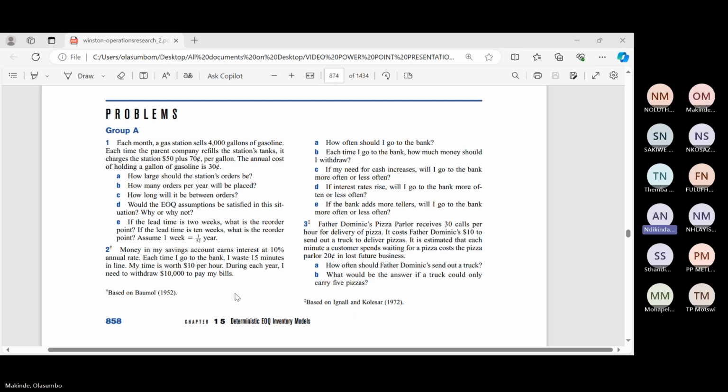So K will be affected, sir. You're saying K will be affected. Thank you very much. Because if I've increased the tellers, that wait time would now have reduced from 15 minutes maybe to 10 minutes or 8 minutes.